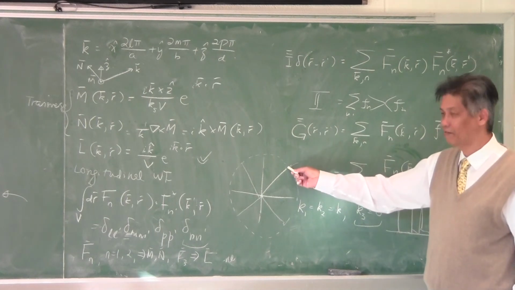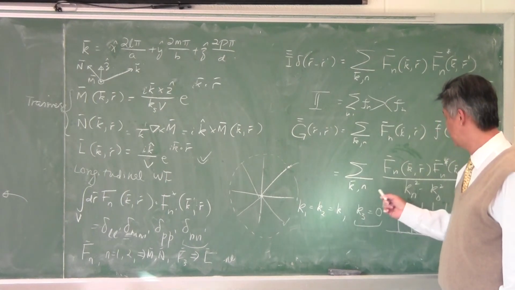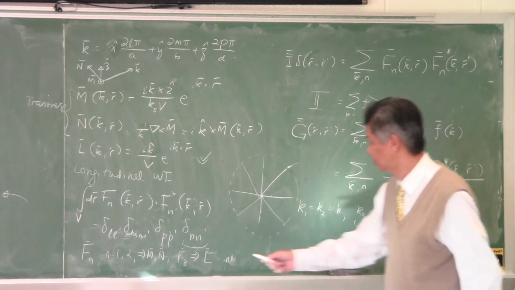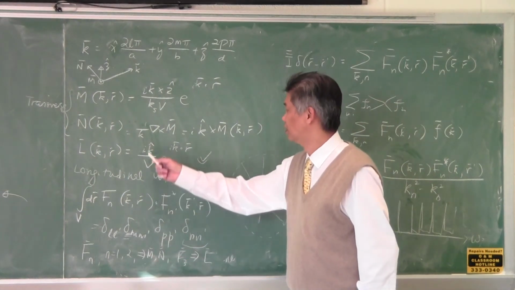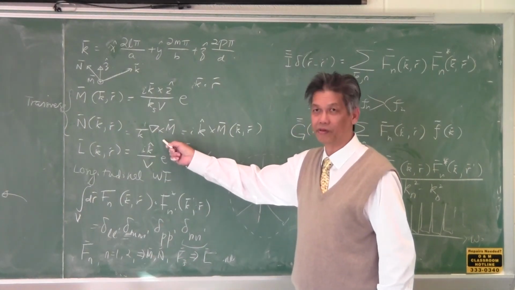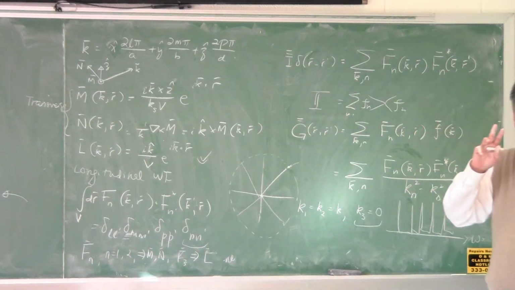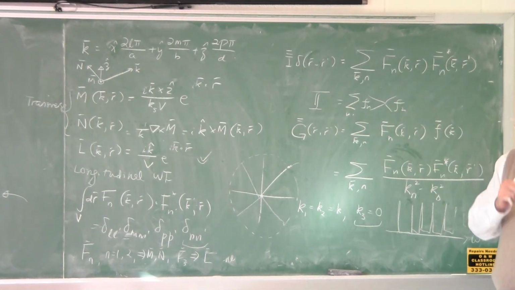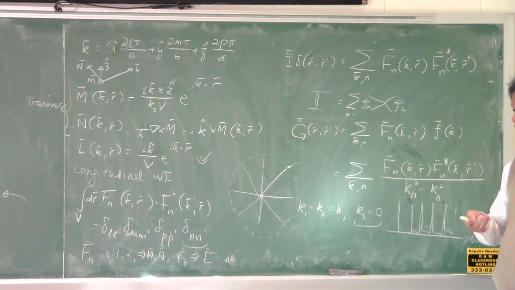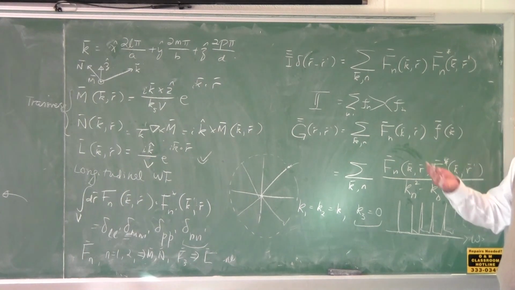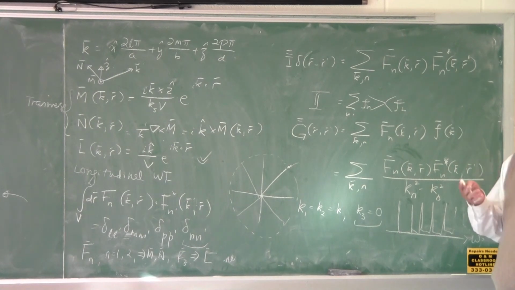But within this k vector itself, there are actually two degenerate modes already, m and n, the horizontal and the vertical polarized. Okay, so electromagnetic transverse modes always have two degeneracies. Like electrons, they always have spin up and spin down, but for electromagnetics, it's vertical, horizontal, or right-hand or left-hand circular polarized.